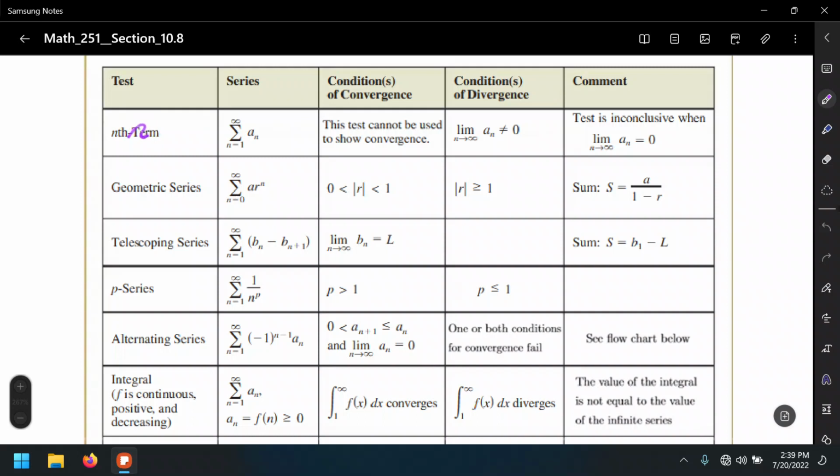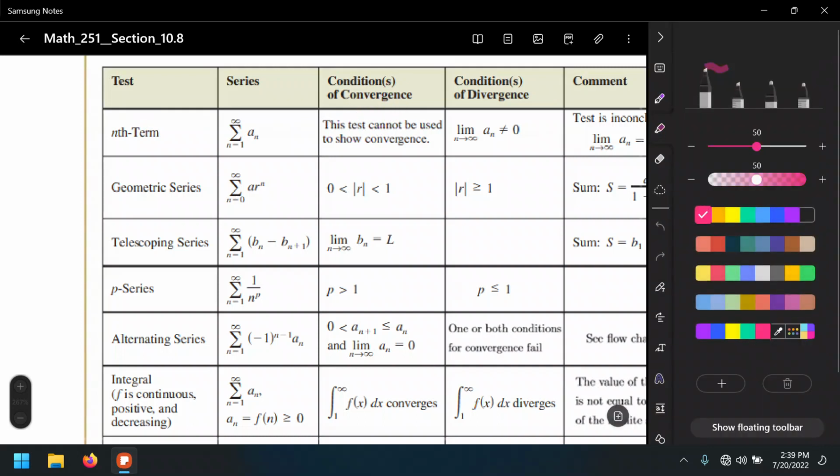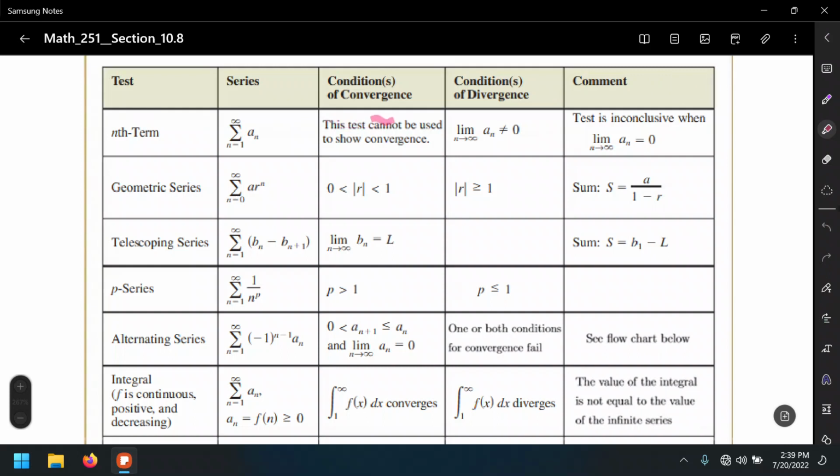Okay, so for the nth term test, recall that it doesn't tell us anything about the convergence of the series. It only tells us about the divergence of the series whenever the limit is different than 0. That could be 1, 5, square root of 7, infinity, or the limit is DNE.